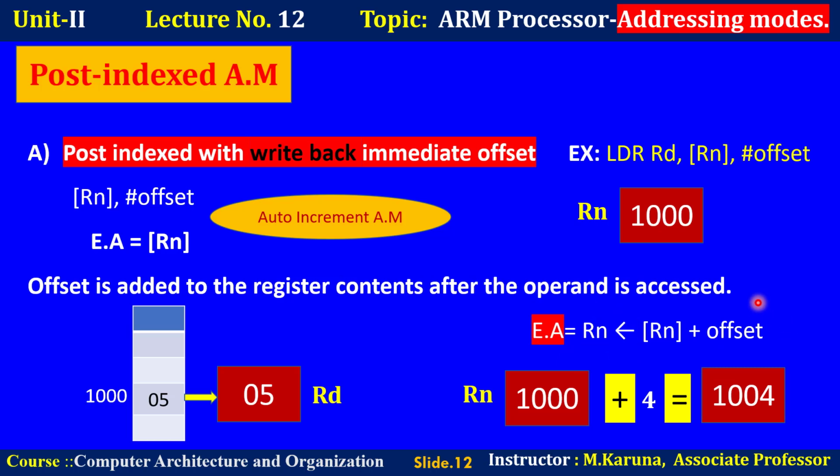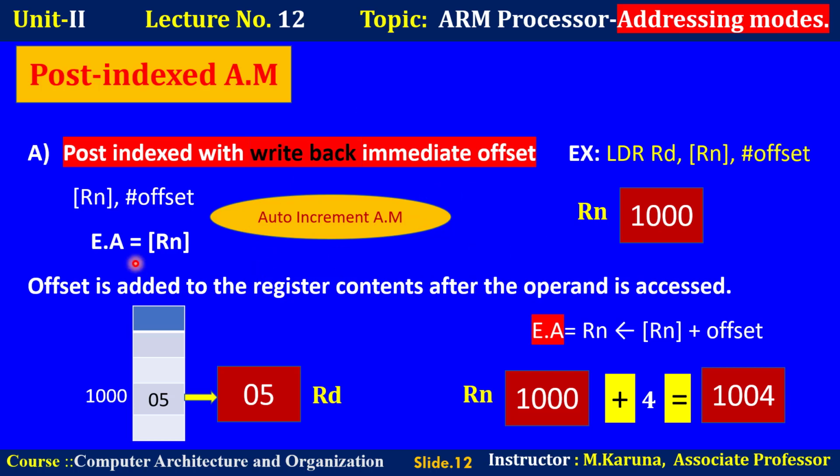By adding the offset to this generated address, it generates the new address to access the new element. Likewise, it automatically gets the next element by updating Rn with the help of the offset in the case of the LDR instruction. That is why this kind of addressing mode is known as auto increment addressing mode.